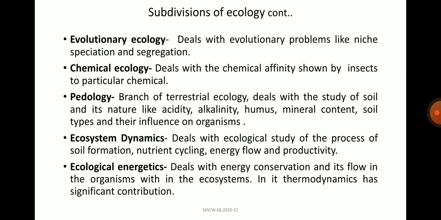Evolutionary ecology deals with the evolutionary problems like speciation and segregation. Chemical ecology deals with the chemical affinity shown by insects to a particular type of chemical substance.